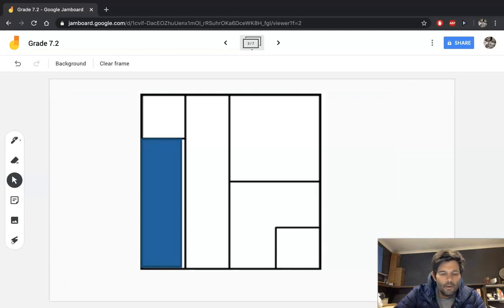Okay, so the first thing I would do here is I would section the square off into quarters. That's not the most accurate line, but hopefully you get the idea. So this whole square at the bottom is 1/4. This whole square here is 1/4.